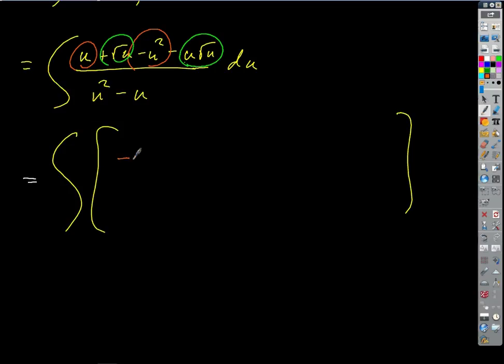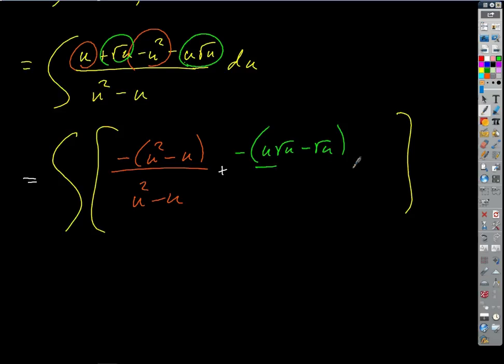So we could do negative u squared minus u over my common denominator, and that's just negative 1, plus negative u radical u minus radical u over u squared minus u, and that's all times du.